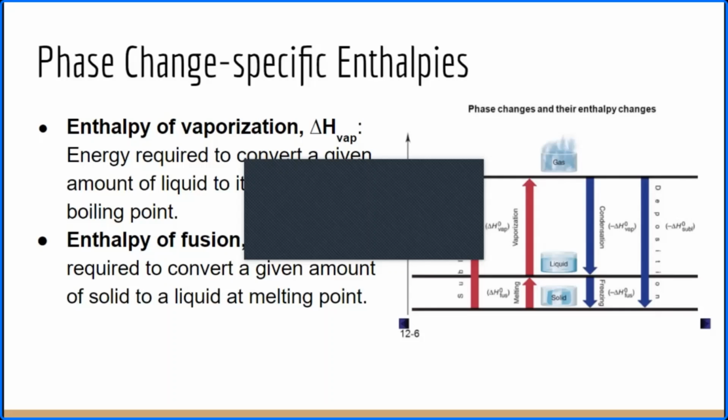In other words, it needs to release that energy, and the system is losing that energy. Therefore, the delta H is negative. And that applies as well to the enthalpy of fusion, which is specific to a solid to a liquid and vice versa. And that's the melting point.